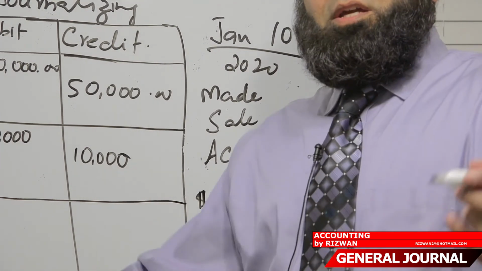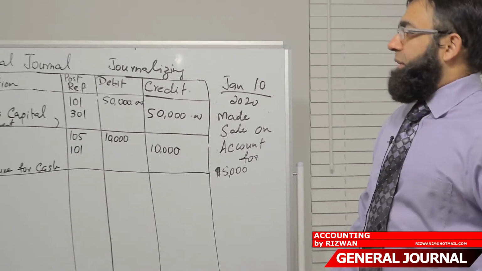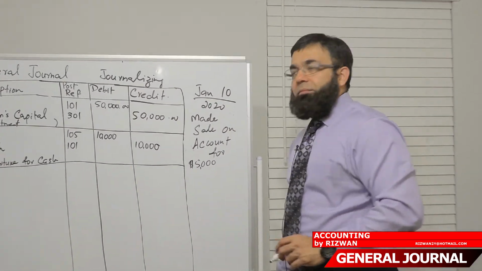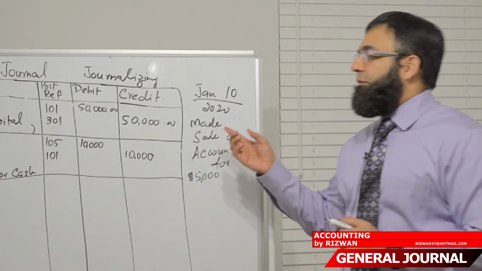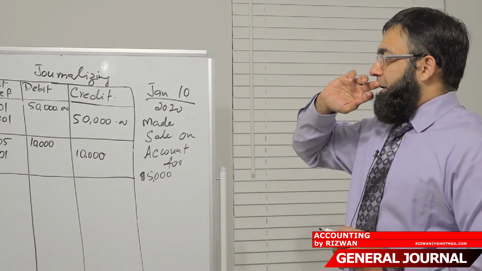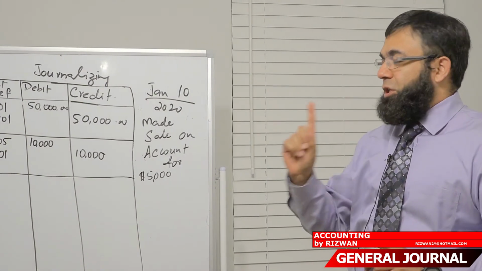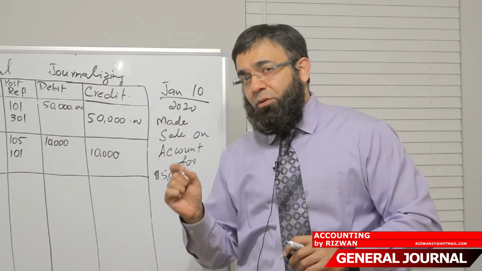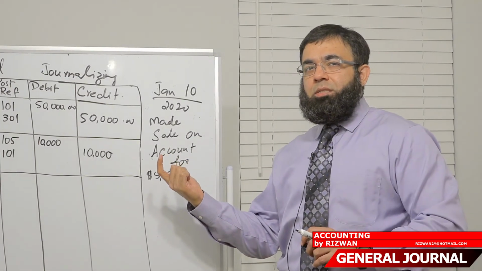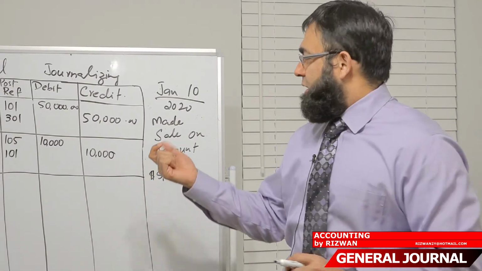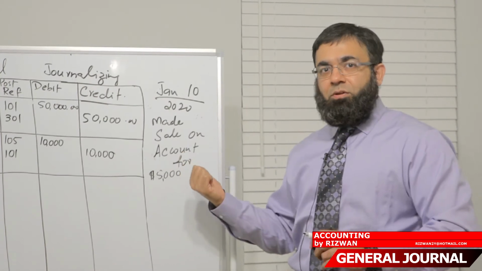Very simple. Again, you'll go systematically. You'll have the same system, right? First of all, which account is going to be affected? Here's the thing that you need to understand. First of all, did you receive cash out of this transaction? The answer is no. You did not receive cash. You did make a sale. Excellent, good job, right?